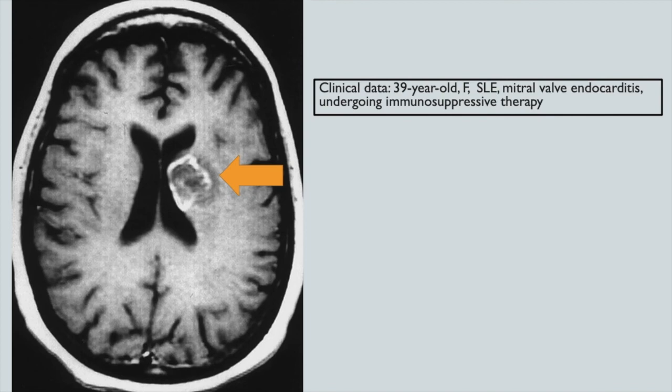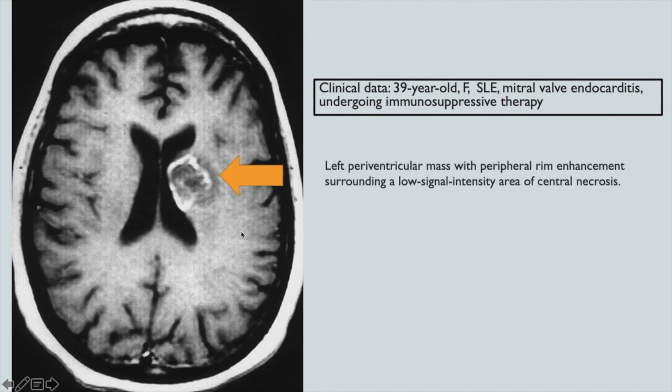This is a case of an SLE patient with mitral valve endocarditis undergoing immunosuppressive therapy. MRI contrasted brain showing a left ventricle lesion with peripheral rim enhancement and central necrosis. This was shown to be a Candida cerebral abscess.